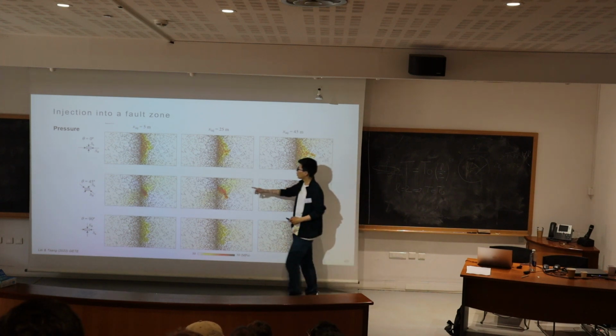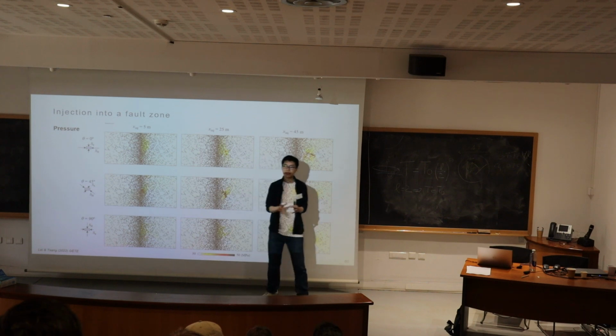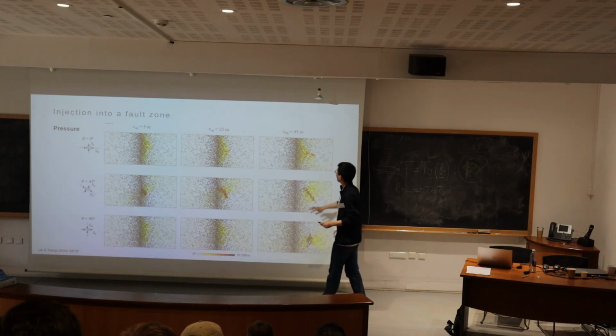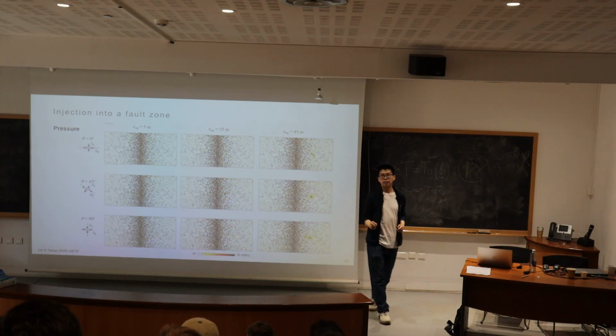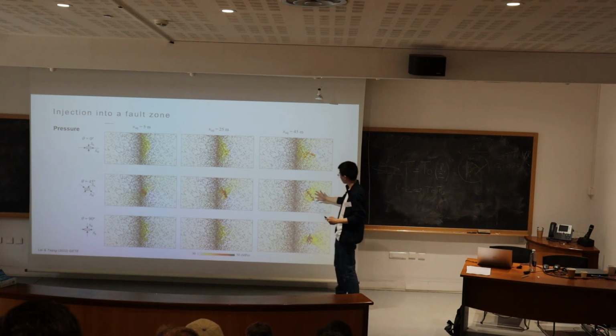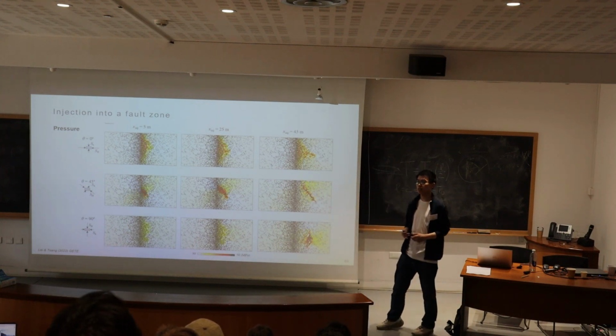And if we are very close to the fault core, because of the high density of the fractures, the pressure can dissipate very quickly. And if we stay a little bit away from the high density fracture zone, we can even create more new damage and a higher increase of the connectivity.